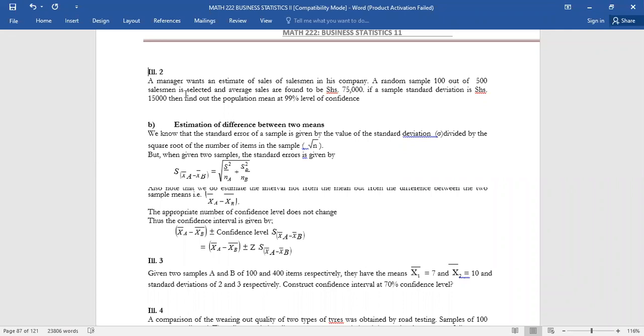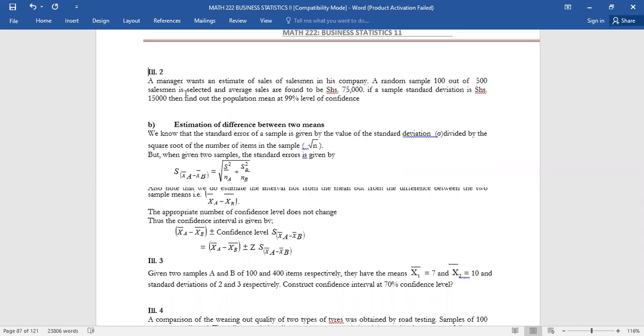Can we get our factor? It's 75,000 plus or minus 2.575 times 1,500.